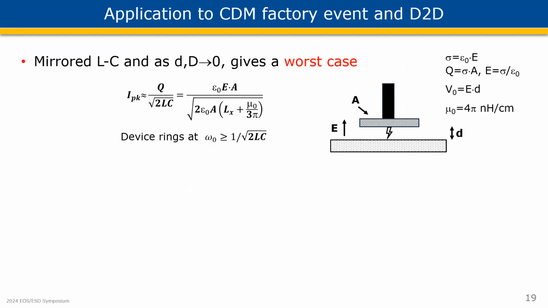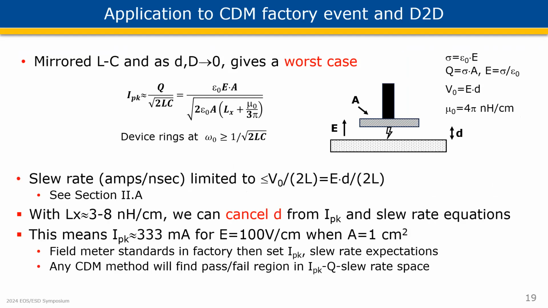Well, okay, I'm going to say a few things here while we have time about applying all these situations to the idea of a worst case for peak current and even slew rate, amps per nanosecond, for factory CDM events, die-to-die attachment, and so on, where the basic CDM event happens as shown in the picture there, where you have a target approaching the ground plane, and at some distance, little d there, lightning strikes, and there's an event, and yet as we do that approach, the field for constant charge will be constant, and that's Gauss's law.